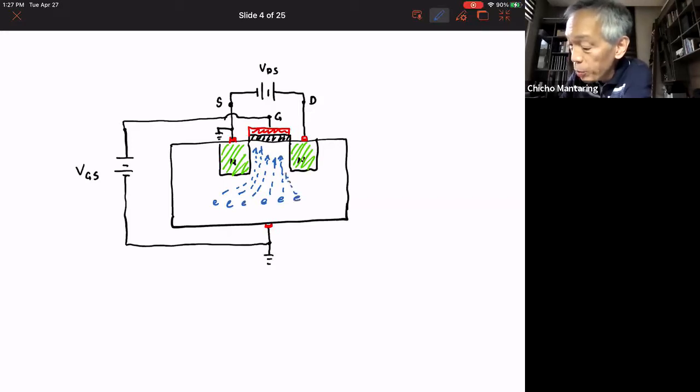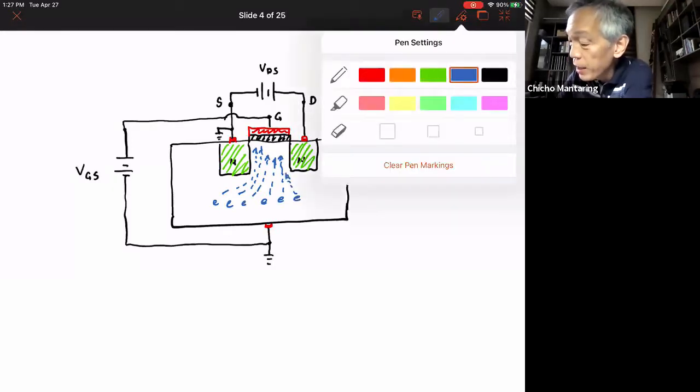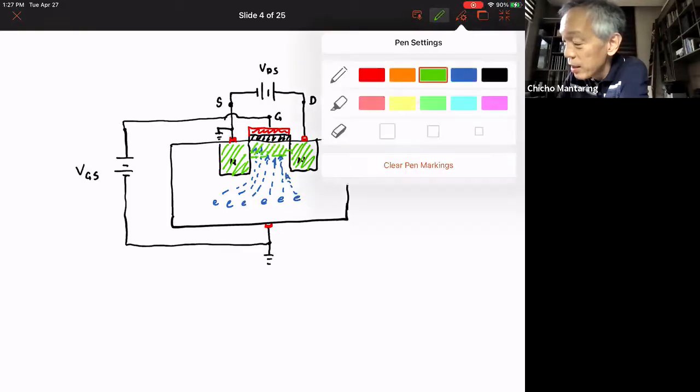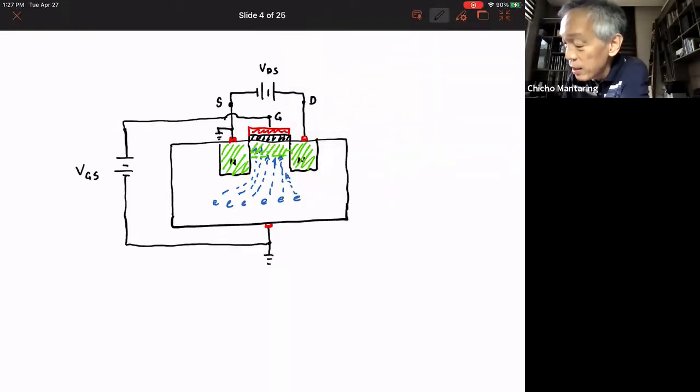So the electrons will go there. What will happen now? The electrons will gather here, and this will become N-type.